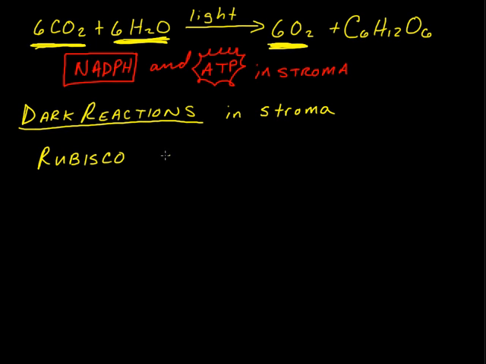Now, like I was saying last time, ATP synthases and NADP reductases, these enzymes get named based on what they do. And rubisco is shorthand for ribulose bisphosphate carboxylase oxygenase, and so that's what the C and the O stand for. Rubisco's main job in photosynthesis is what's called carboxylation.